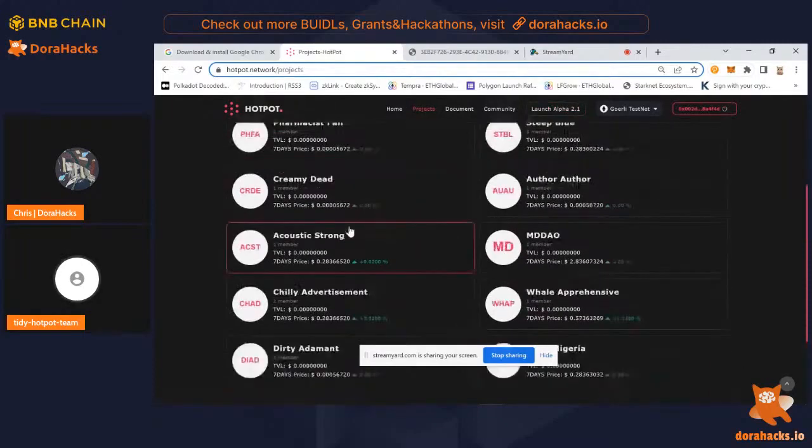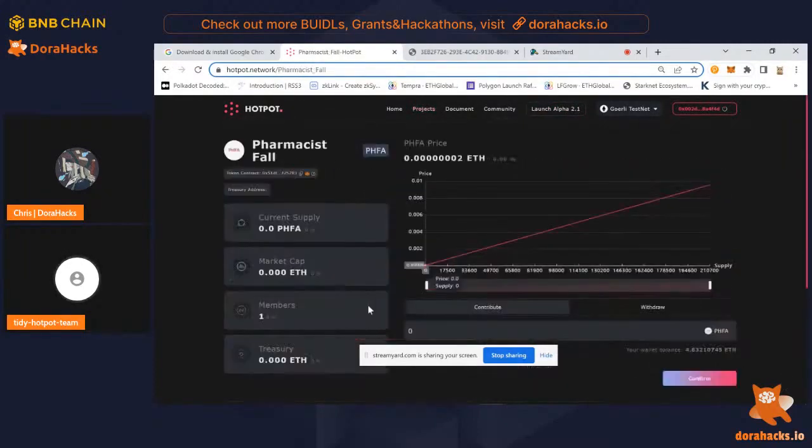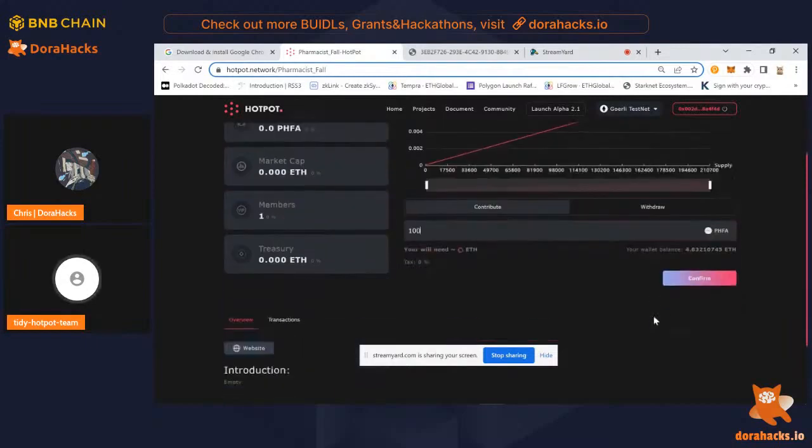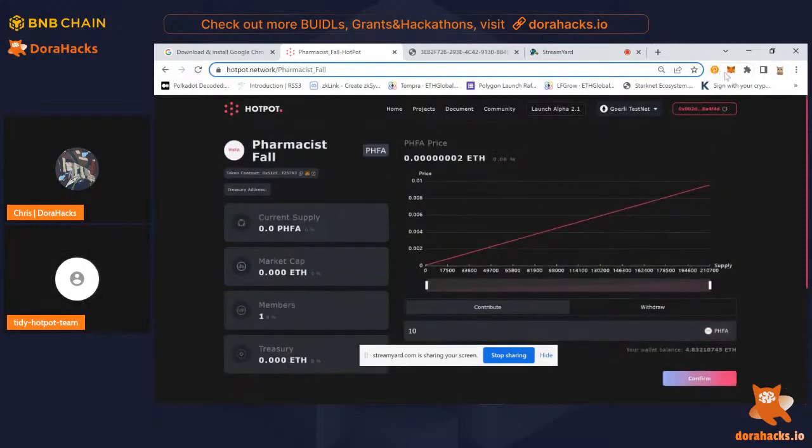We can also see a little bit: if you want to donate to something, you can say, okay, I want to get some kind of tokens, and I would just say 10, and confirm, and let's see. Maybe it takes some time for MetaMask.